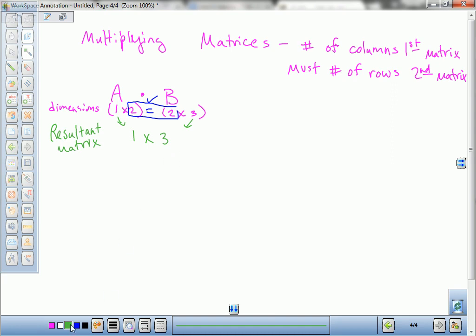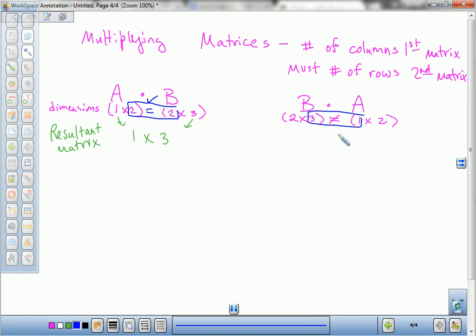Okay, so let's take these same two matrices, A and B, and do it in the other order, B times A. If we put B first, it's a 2 by 3, and if we put A second, it's a 1 by 2. This time, the number of columns of the first one does not equal the number of rows in the second one. So can I multiply them?